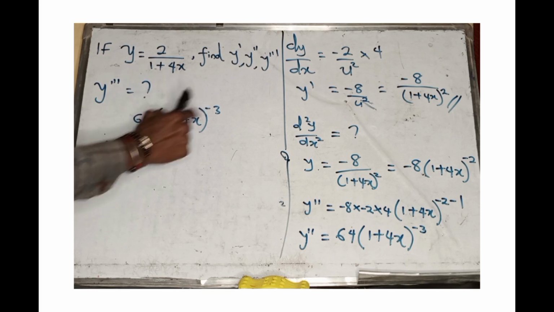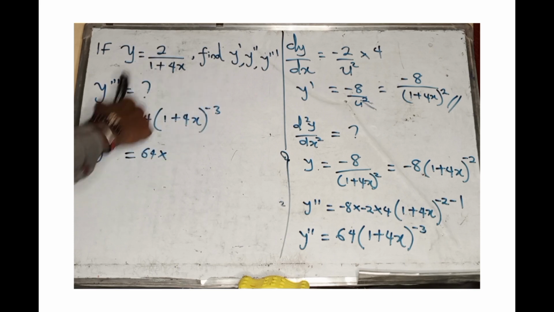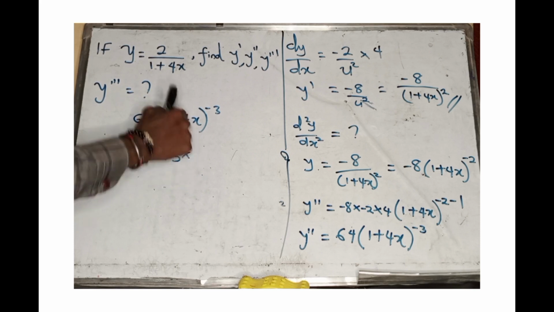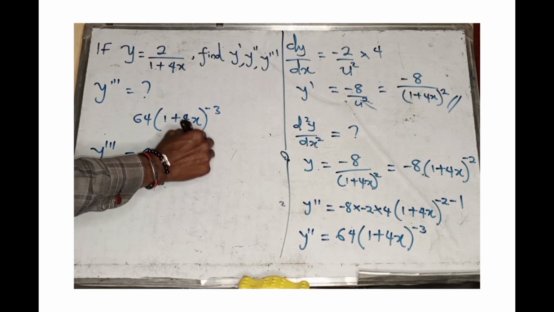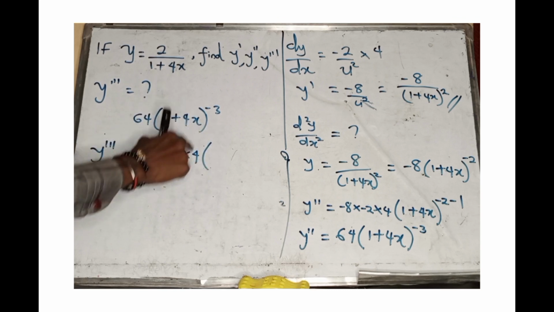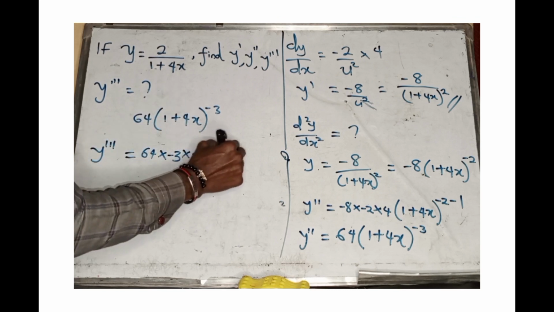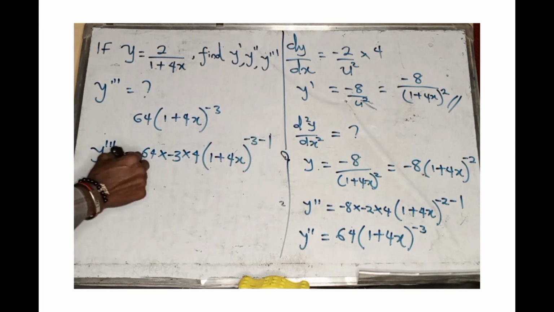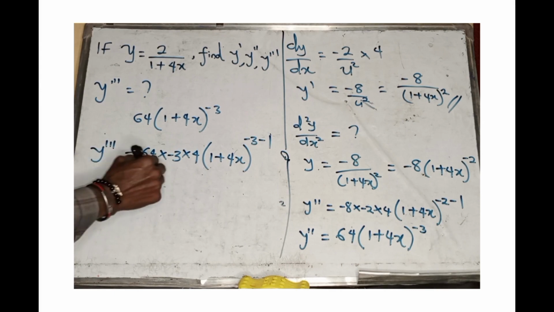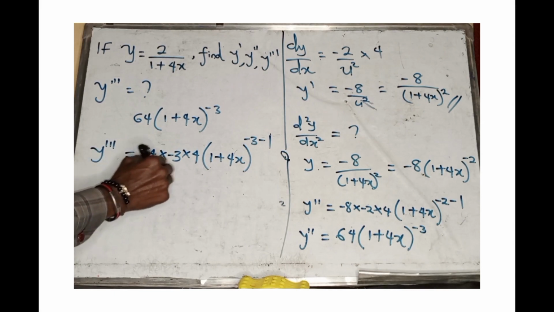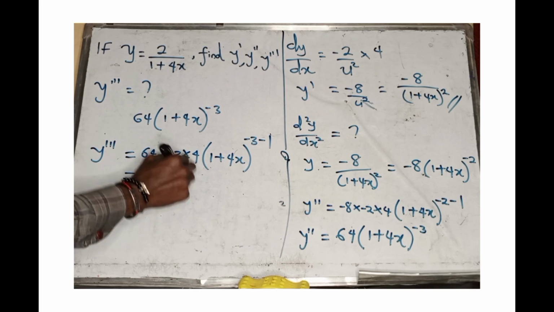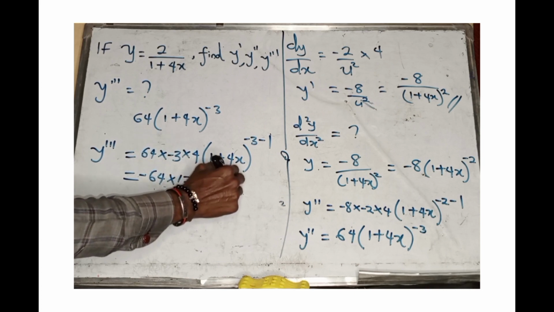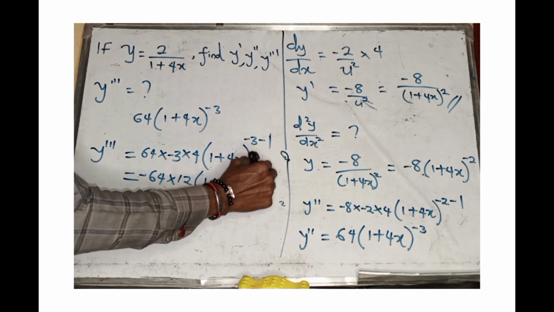Now 64 multiplied by the power minus 3 comes to multiply, by the shortcut method, it becomes minus 3 times 4, because differentiating everything in the bracket gives 4. So everything in the bracket will be written back the same way, then power minus 3 minus 1. So this becomes minus 64 here, then multiplied by 3 times 4 is 12. Then I have 1 plus 4x, then power minus 4.